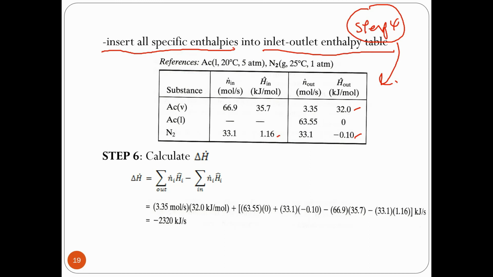So the enthalpy rate is the total of the substance rates times the specific enthalpy at the outlets, minus the total of the substance rates times the specific enthalpy at the inlets, outlet minus inlet.